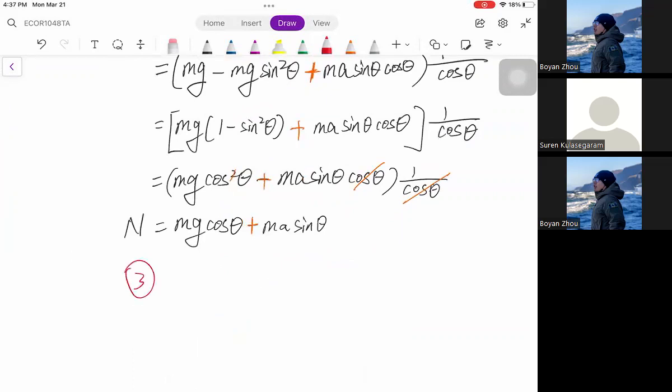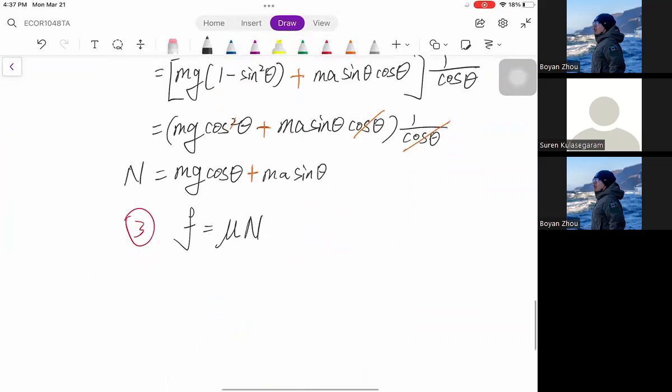So our third equation is f equal to friction coefficient times N, and on the right hand side is mu times m times those things.